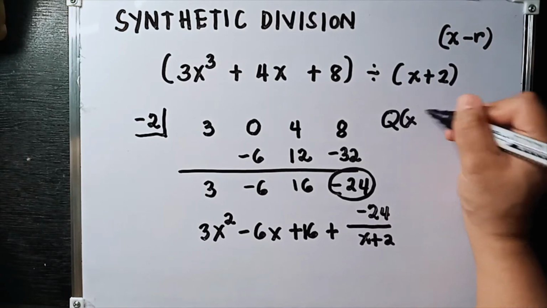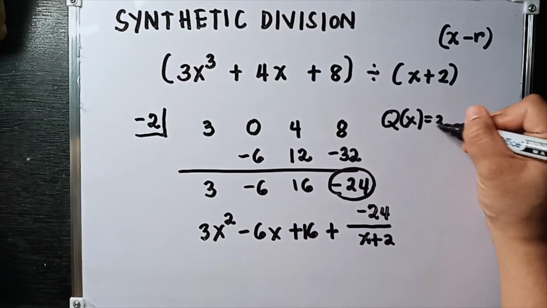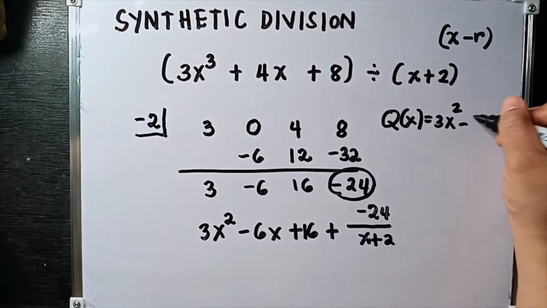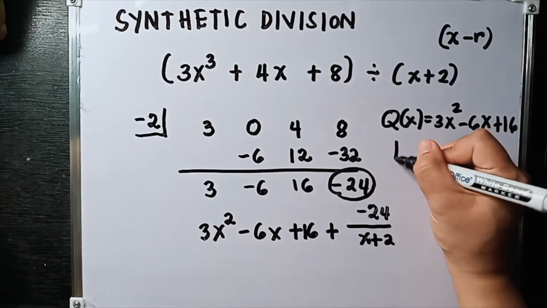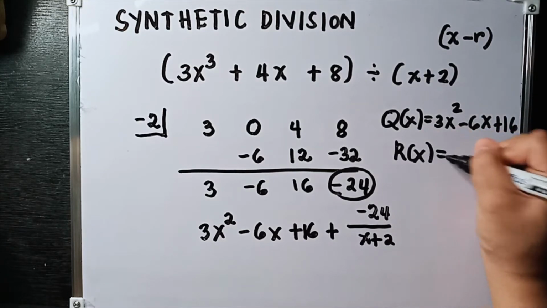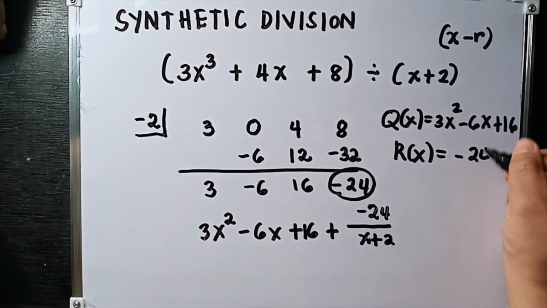So the quotient is 3x squared minus 6x plus 16, and the remainder is negative 24.